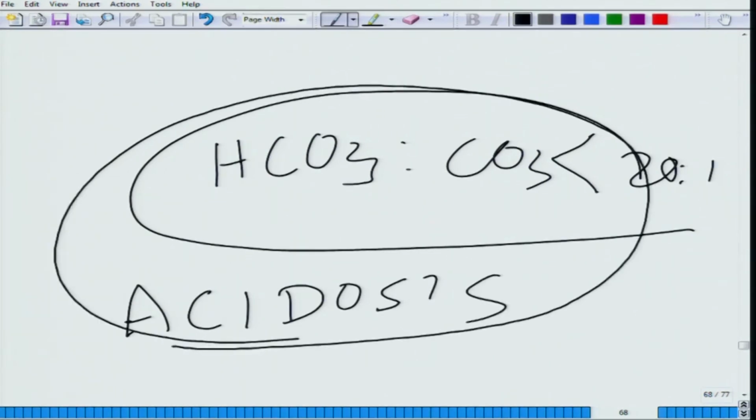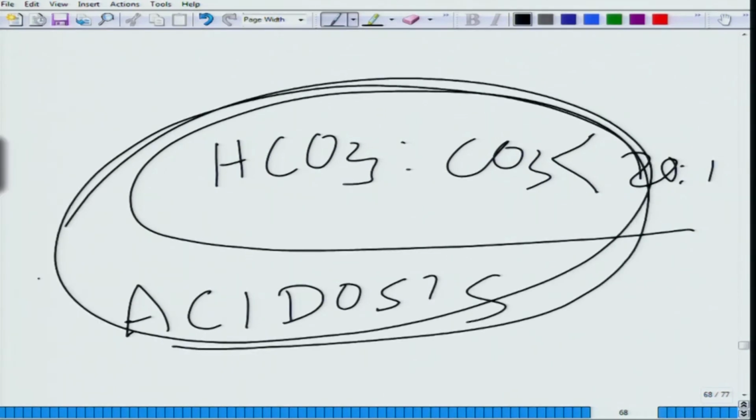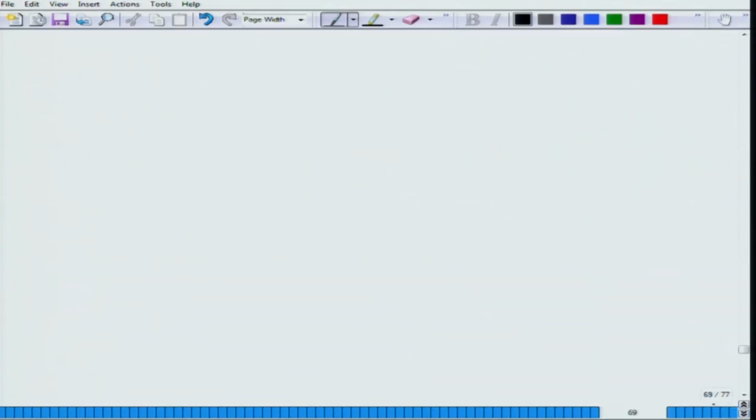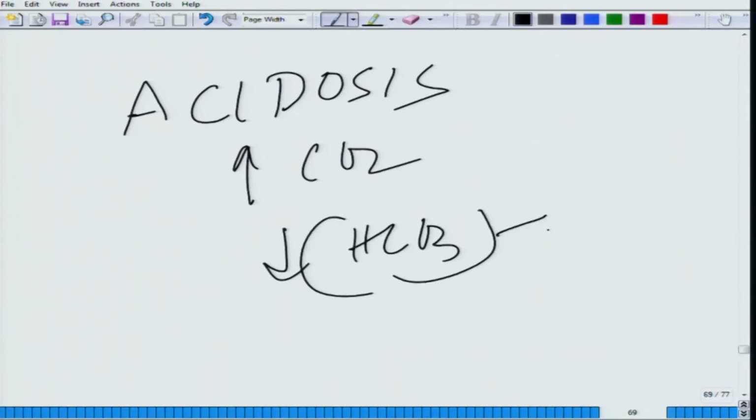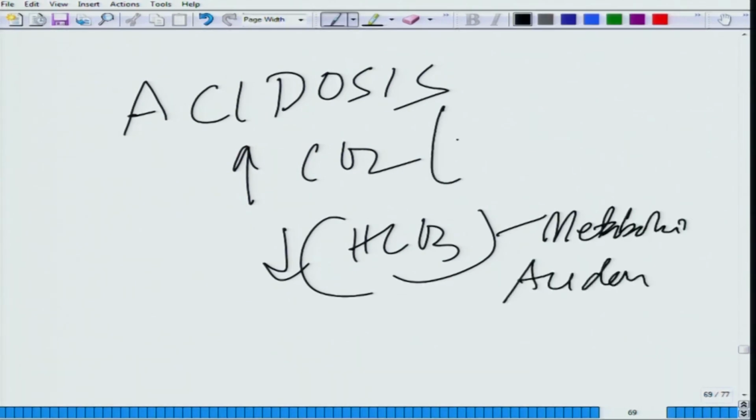So, this is what you have to remember very clearly, and there are a couple more terms which are very essential. Acidosis could be because of higher level of CO2 and lower level of HCO3, which is basically called metabolic acidosis, and this is called respiratory acidosis.